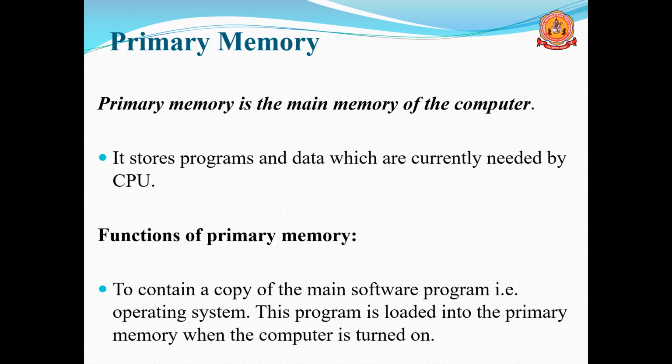This program is loaded into primary memory when the computer is turned on. When you switch on the computer, mainly the OS is loaded. Other than that, if you execute any other software, that software is also loaded. That is the work of main memory.